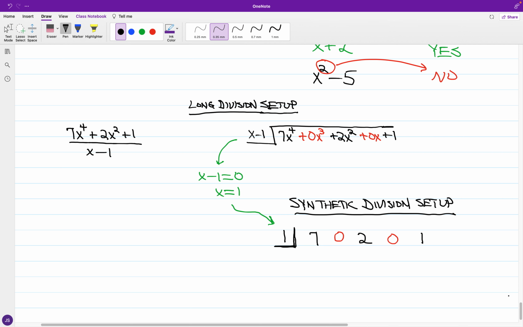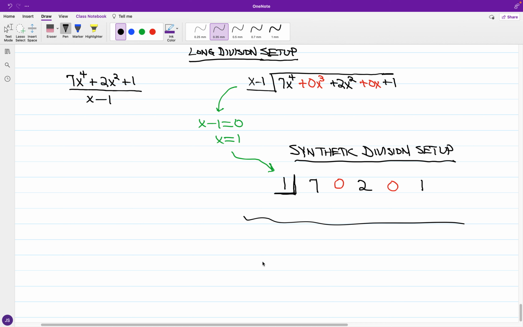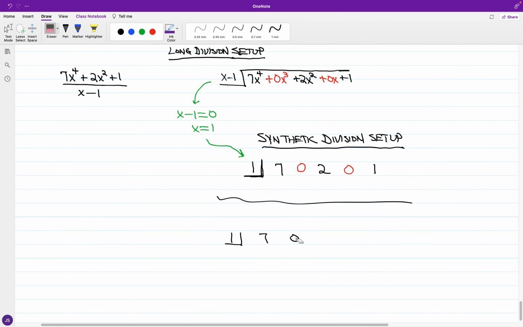Okay, so this is going to be your synthetic division setup. Now, in terms of operating, okay, so got 7, 0, 2, 0, 1.